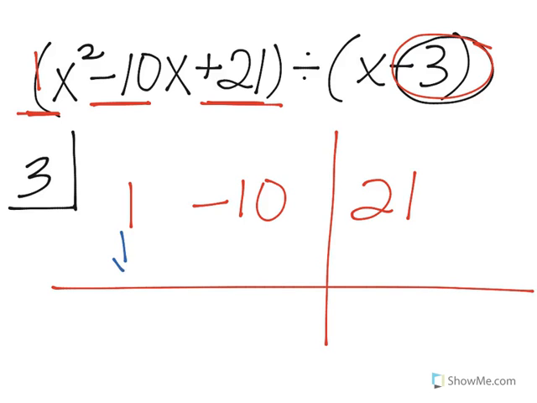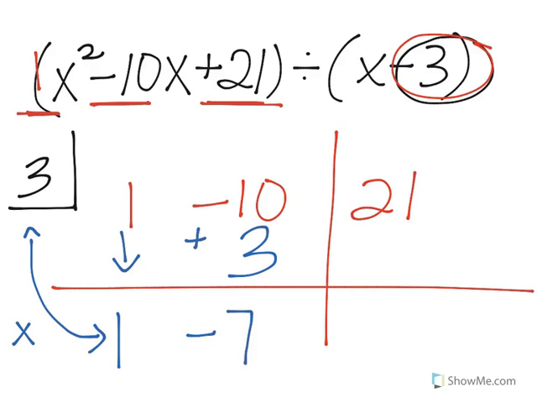Alright, so here's what we do first. First, you bring down the first coefficient. So I'm just going to bring down a 1. Then we go ahead and multiply 1 times 3, which is 3, and I'm going to put that right here. And then we add these. So negative 10 plus 3 is negative 7.